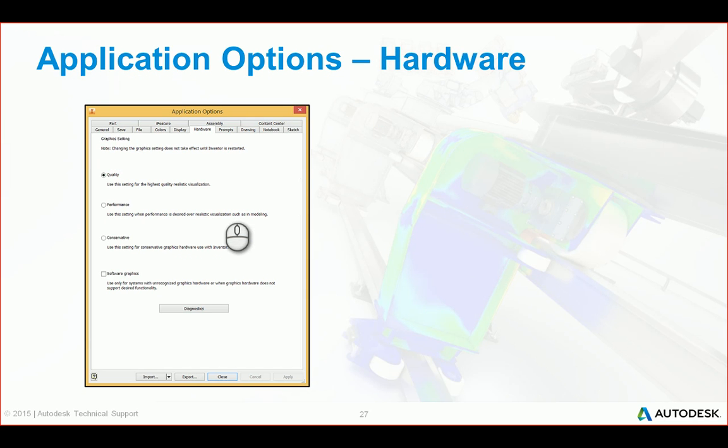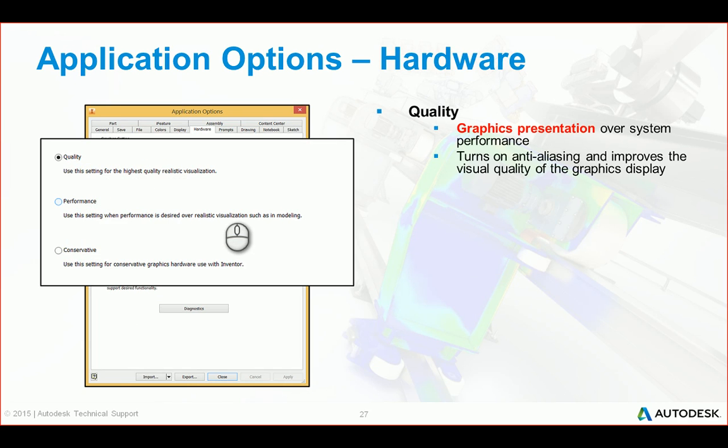Hardware options, the hardware tab. We have a number of settings here. The default is performance. Quality is going to take the graphics presentation over performance. This isn't generally used.